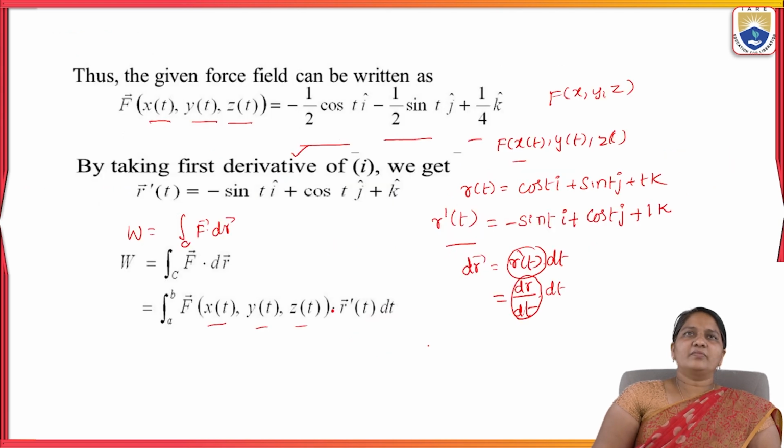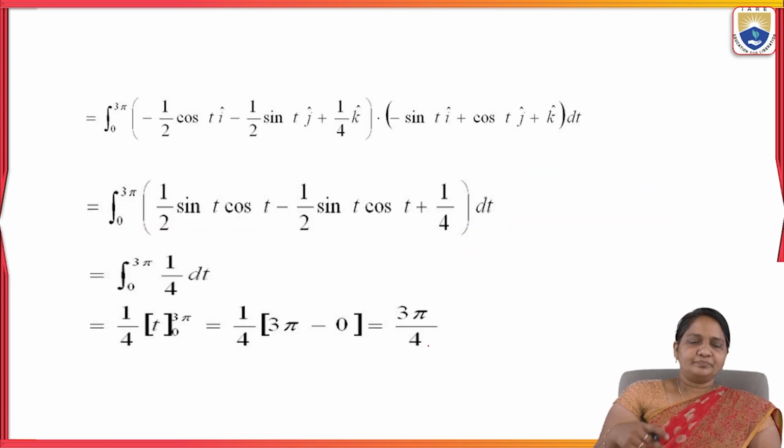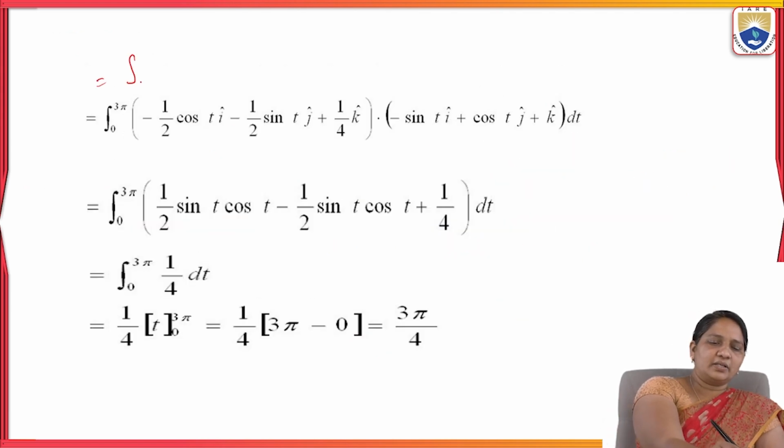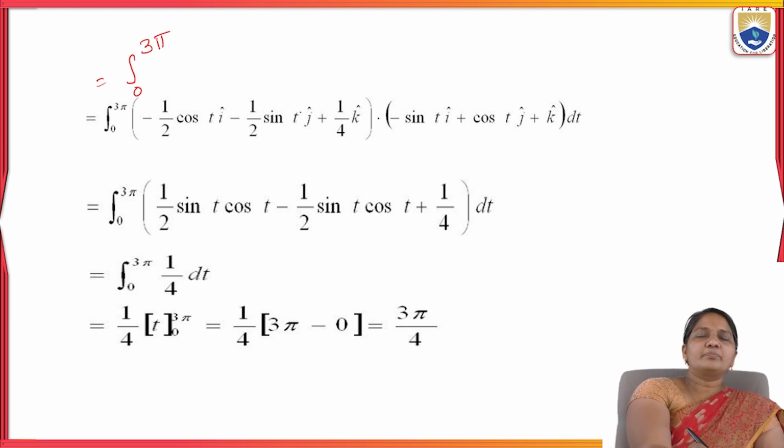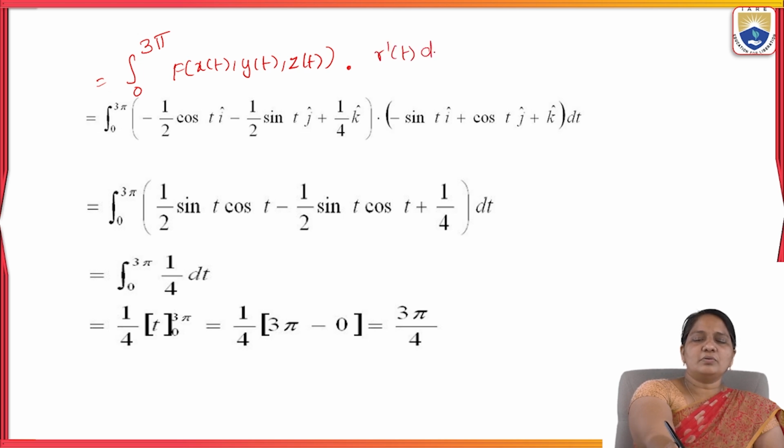So based on that, the integral is from 0 to 3 pi of f of x of t comma y of t comma z of t dot r dash of t into dt.